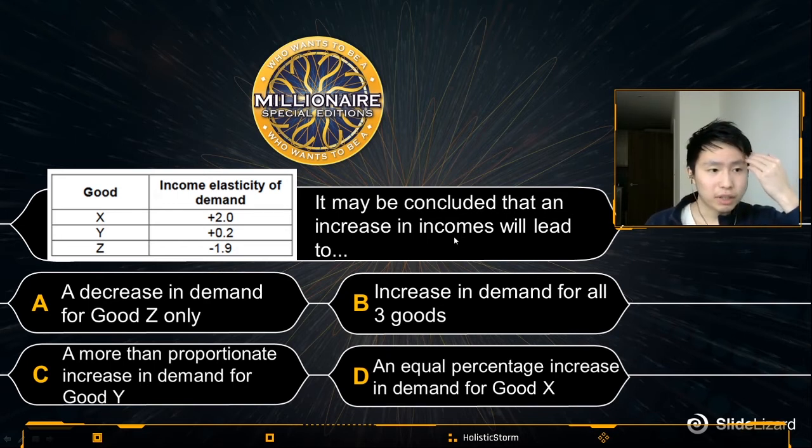It may be concluded that an increase in incomes will lead to A, a decrease in demand for good Z only, B, an increase in demand for all 3 goods, C, a more than proportionate increase in demand for good Y, or D, an equal percentage increase in demand for good X. So a lot of information here. I'll give you some time to dissect the question, like dissecting a rabbit. Doesn't sound very good.